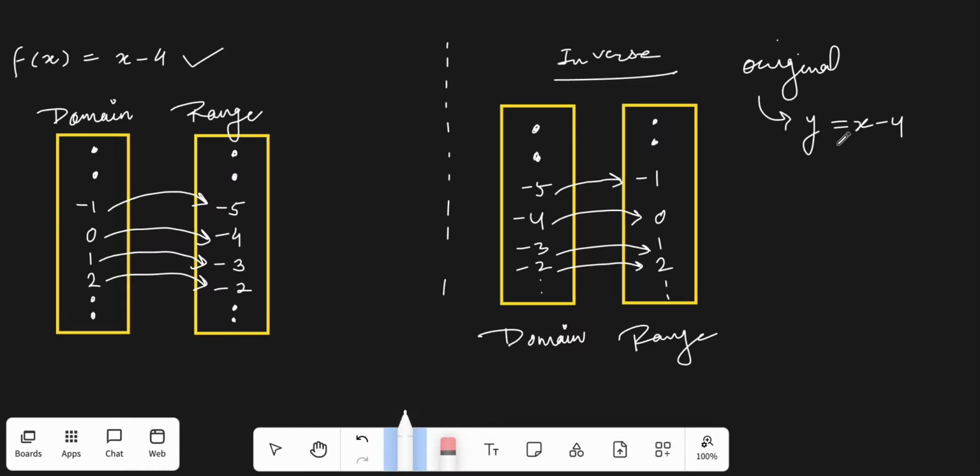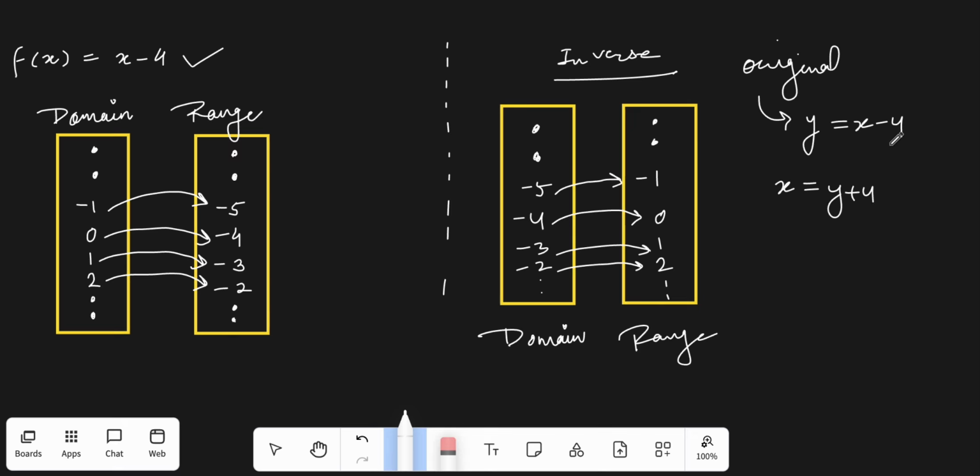Now to write the inverse of this function, since this inverse function is mapping the range of our original function to its domain, the x values are now going to be the outputs and the y values are now going to be the inputs. So we can rewrite this original function and make x the subject. So x is equal to y plus 4.